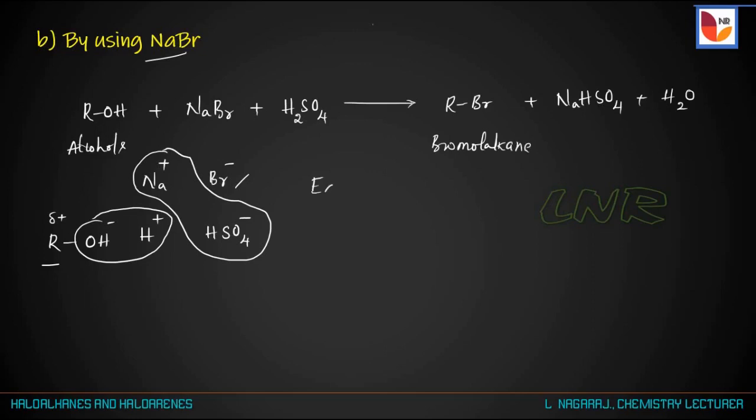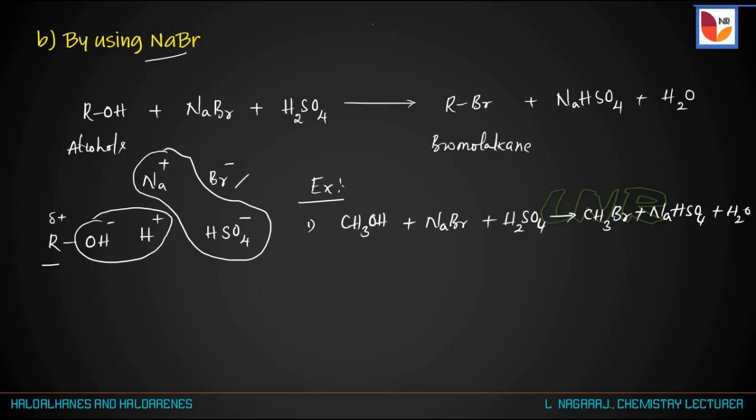For example, let's take methyl alcohol, that is CH3OH. When methanol reacts with the sodium bromide in the presence of sulfuric acid H2SO4, it gives the main product, that is R. Here R is CH3 and halogen is Br, plus sodium combines with the negative part of the sulfuric acid, that is NaHSO4 plus H2O.